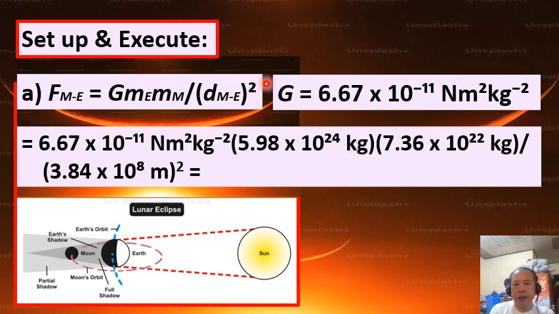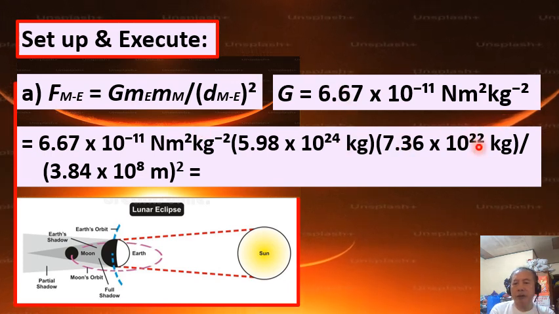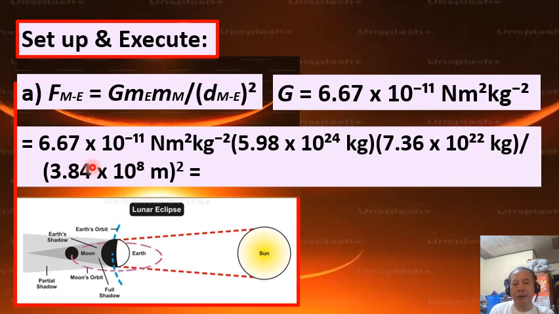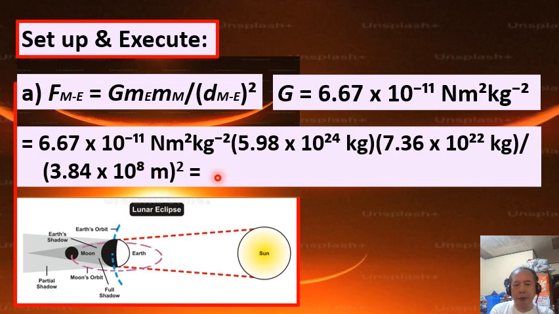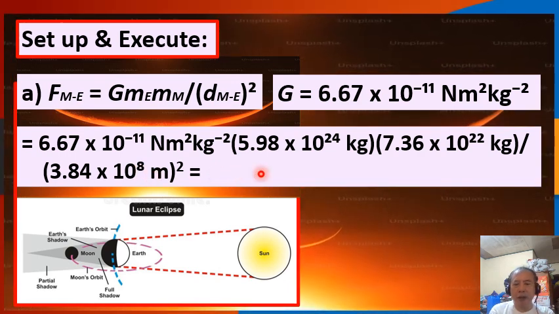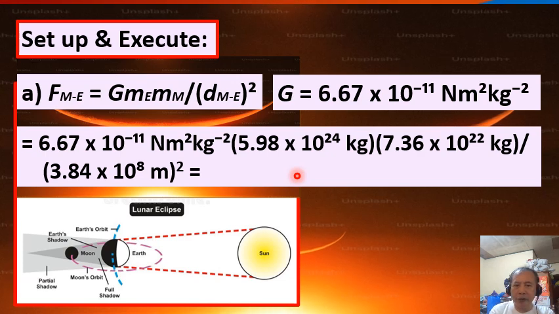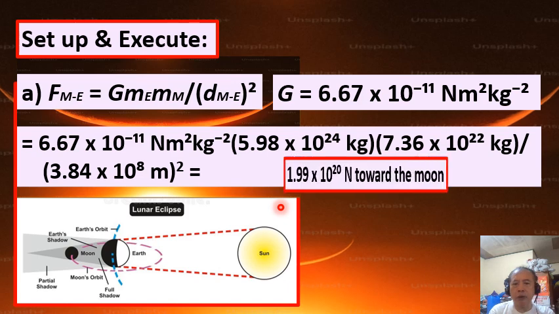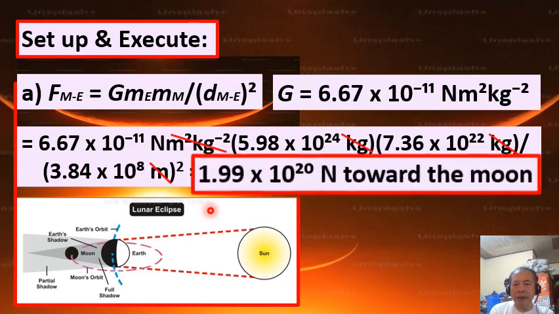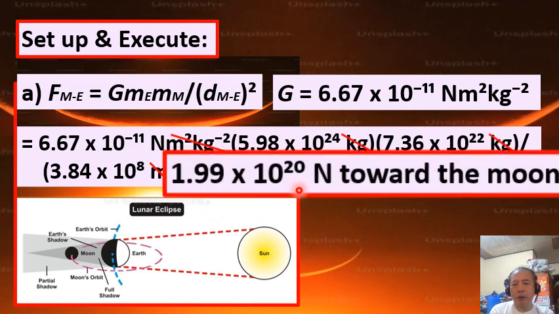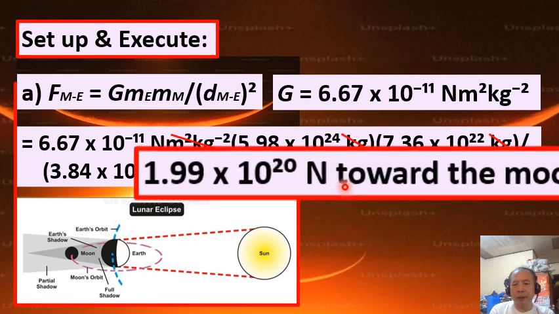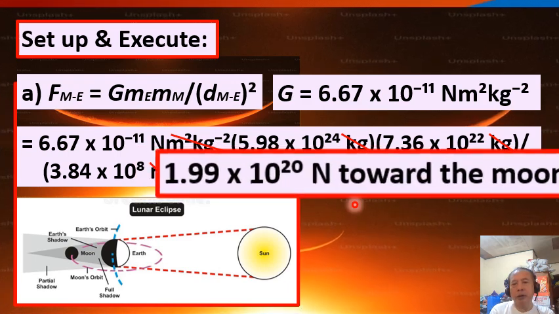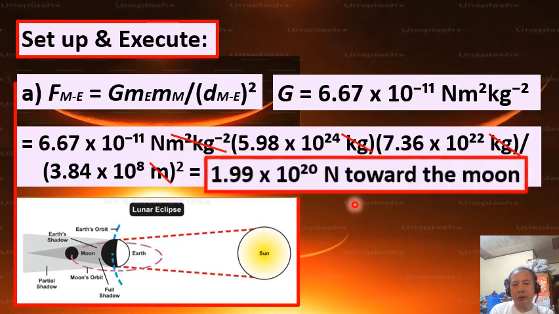After multiplying the quantities in the numerator, we divide it by the square of 3.84 times 10 to the 8 power meters. With the help of your calculator, we get the force exerted by the moon on the earth equal to 1.99 times 10 to the 20th power Newton. And this direction, of course, is towards the moon because the moon is attracting the earth towards it.